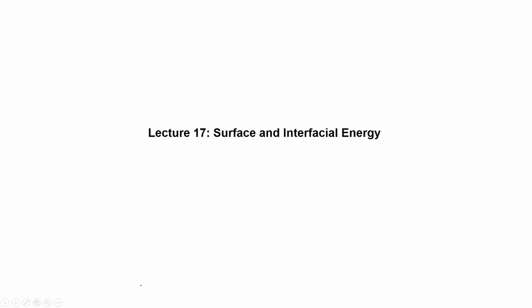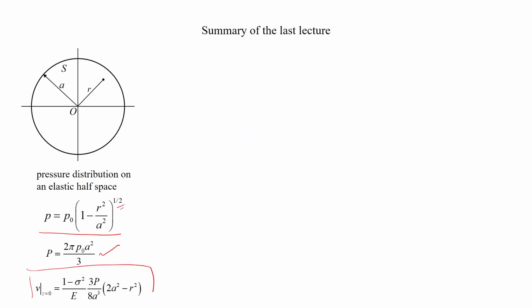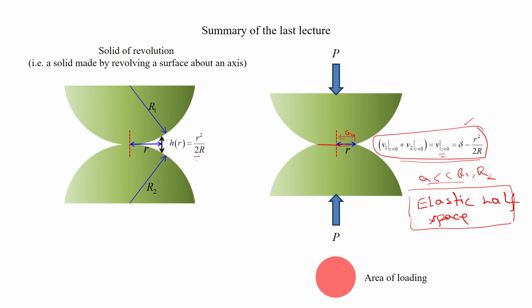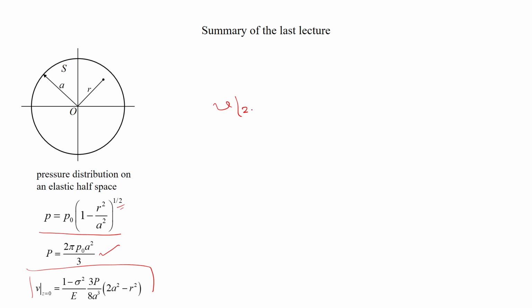And this equation matches very well with this equation here, that V at z equal to 0 is equal to delta minus r square by 2 R.